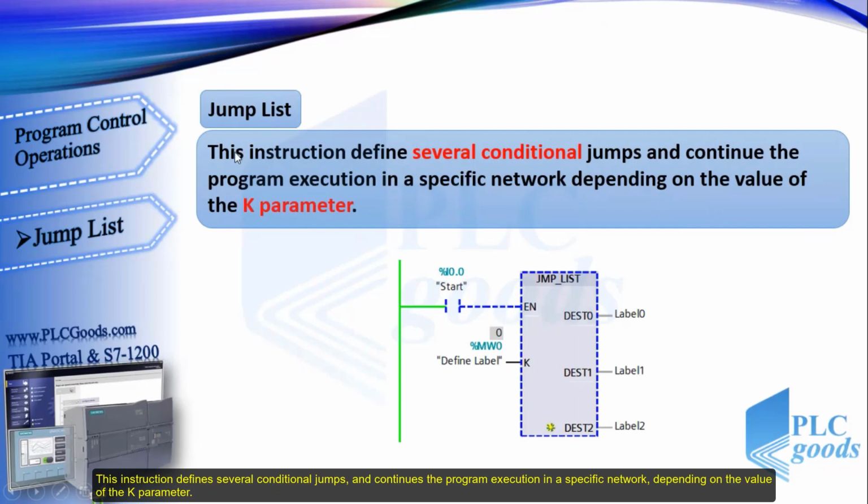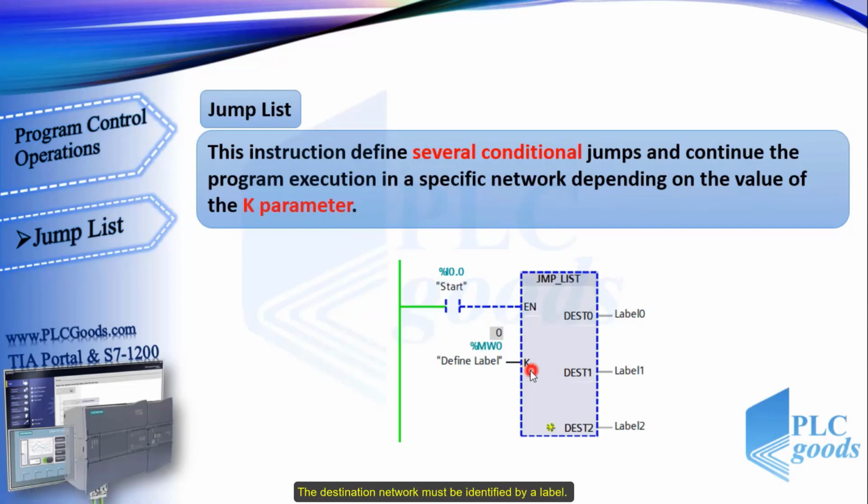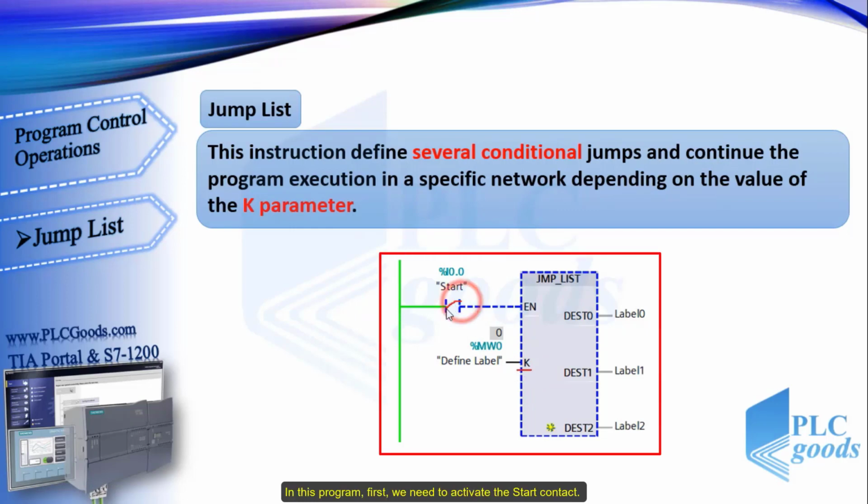This instruction defines several conditional jumps and continues the program execution in a specific network depending on the value of the K parameter. The destination network must be identified by a label. In this program, first we need to activate the start contact.